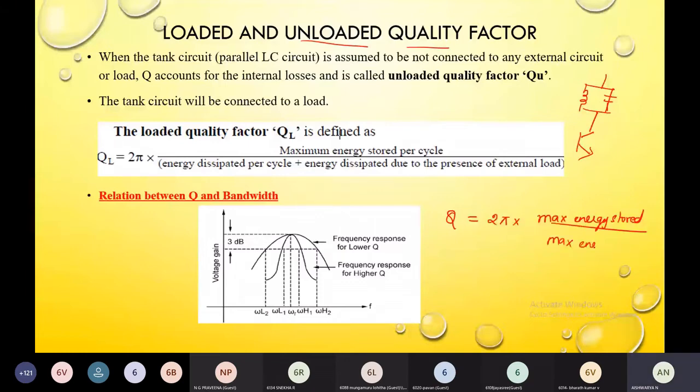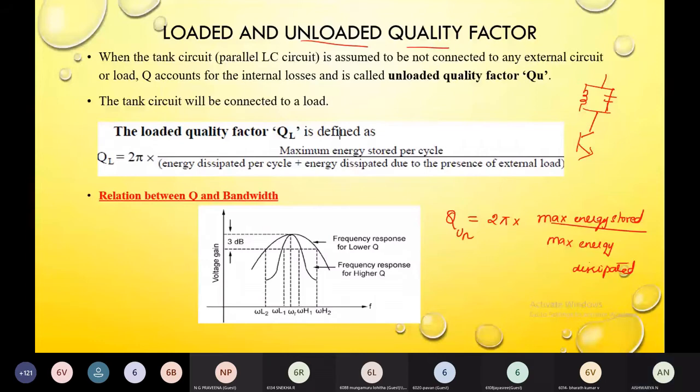This is the general definition for any quality factor. If it is unloaded, this definition is applied: maximum energy stored in your tank by maximum energy dissipated in your tank is the unloaded quality factor.